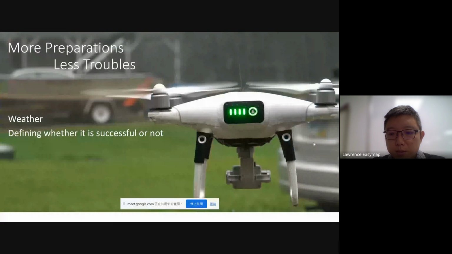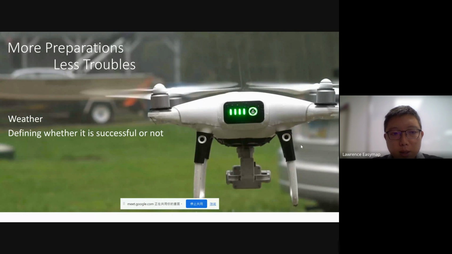Okay, there are some things that I want to mention to you. If you are interested in doing some UAV imagery survey in the future, just be careful, be cautious. Not only the terrain, not only the airspace that I mentioned previously, but also the weather.